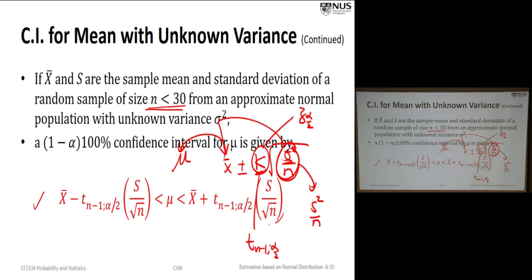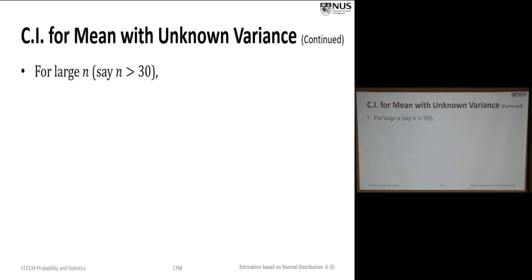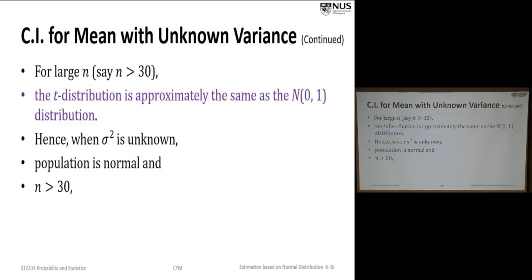What we need is that the population should be normal, all right? And it doesn't matter whether the sample size is big or not. But here I say that the sample size is assumed to be small. Because for a big sample size, we can try to replace this t constant by z. But this is only an approximation, and we use the central limit theorem. And not only that, the law of large numbers as well. All right? So for large n, then we can use this.